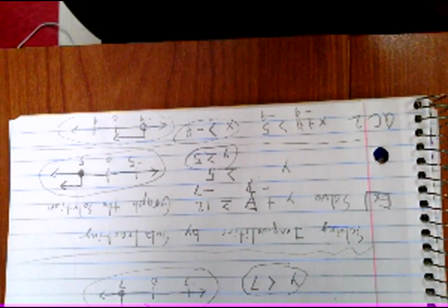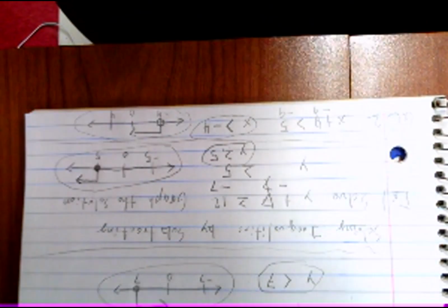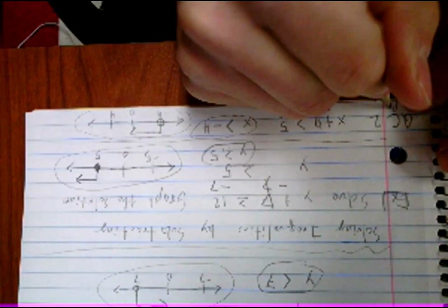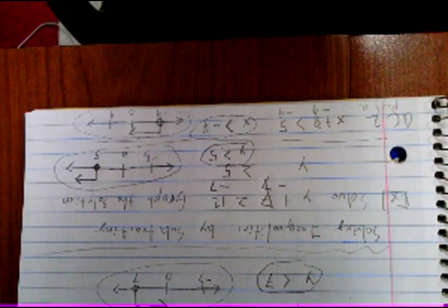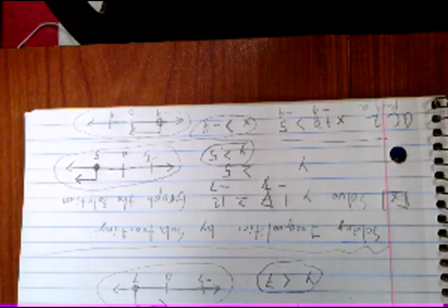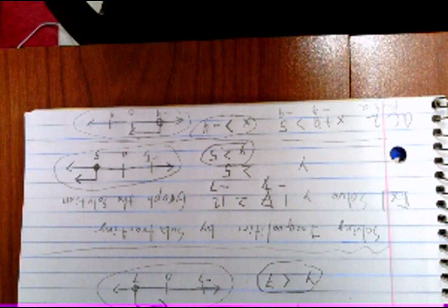Your final answer for quick check number 2, part A, should have been x is greater than -4, and you should have an open circle at -4 with an arrow pointing to the right.